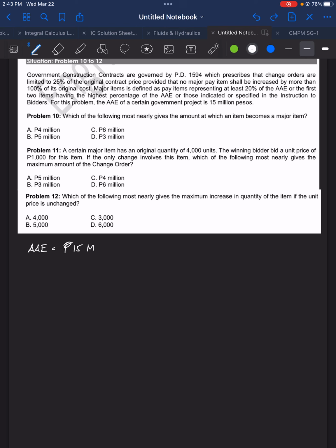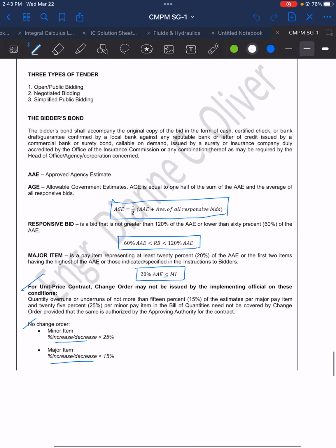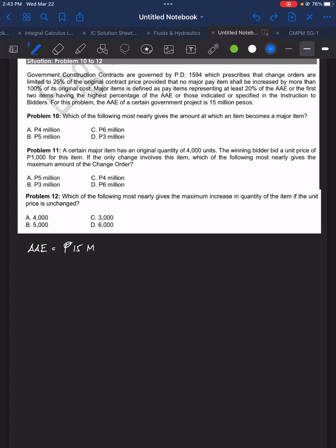So for problem number 10, which of the following most nearly gives the amount at which an item becomes a major item? So again, what's the definition for major item? A while ago, it's the 20% of the AAE. So if we go back here for number 10, for an item to become a major item, MI, major item, that will be 20% of the AAE, or the 15 million.